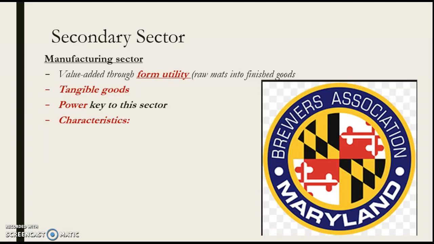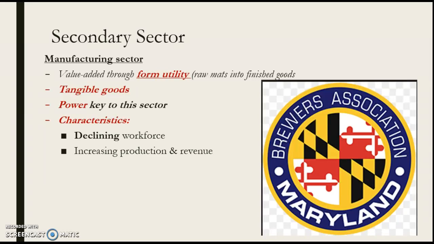The characteristics of the secondary sector today are pretty profound. We've had a declining workforce since the early 1970s. So the percentage of individuals working in the secondary sector has consistently declined over a couple generations. We're seeing increased production and revenue.